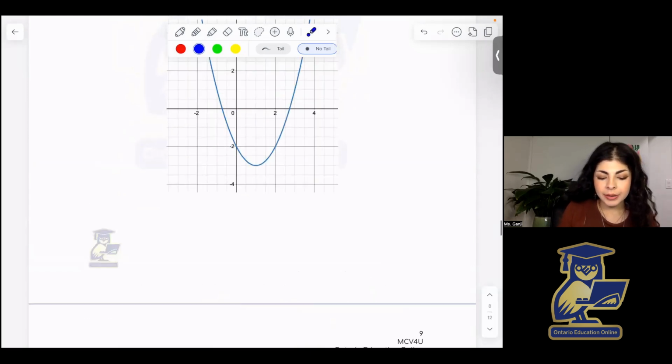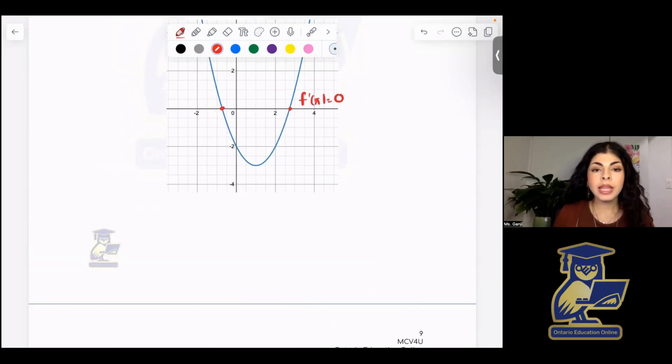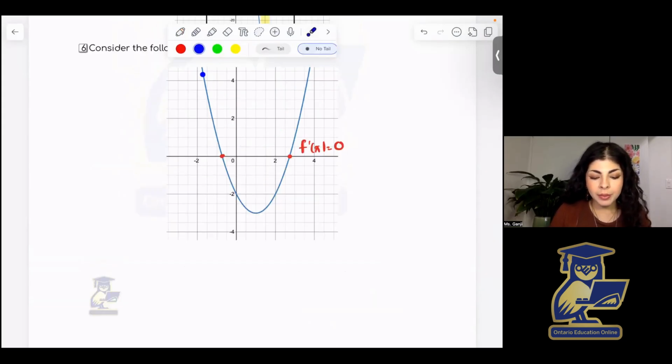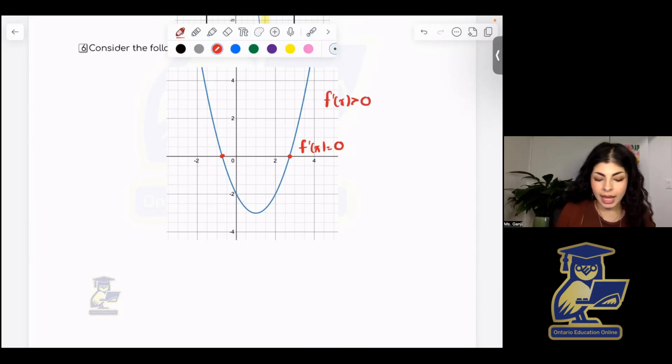And because at these 2 points we have f prime of x is equal to 0, then we have two critical points or two turning points here. And additionally, in these two intervals, we have f prime of x is greater than 0. So we have increasing intervals. And so it's for here and here.